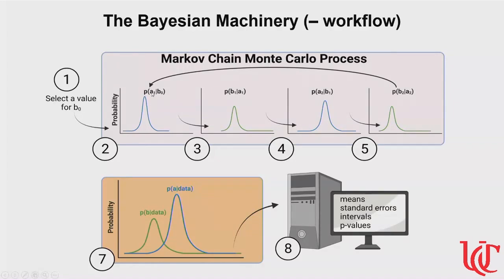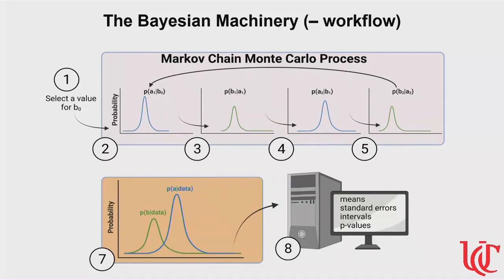And you draw from, so here we've got 2 parameters, A and B. So you pick a value for B, draw from A, distribution given B, then given that value of A, you draw from B, you get a new value for B, use that value for B to draw from A, and just keep going through this chain. Right?